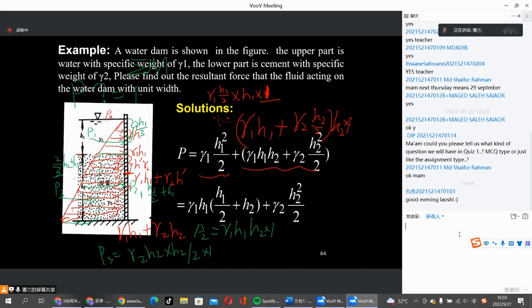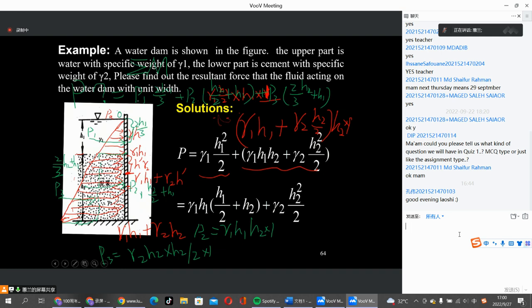So we have P1 times its moment arm, plus P2, we already know its moment arm, and P3, its moment arm, we already know. Right, and then you can find the vertical distance of the center of pressure.